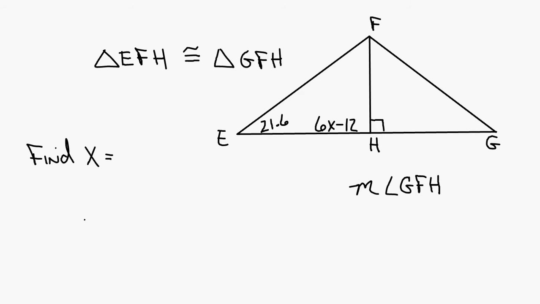So let's start off by solving for x. These two angles right here don't really deal with the description much because they're a linear pair, aren't they? So what does this symbol right here mean? 90. So what does 6x minus 12 equal? 90.